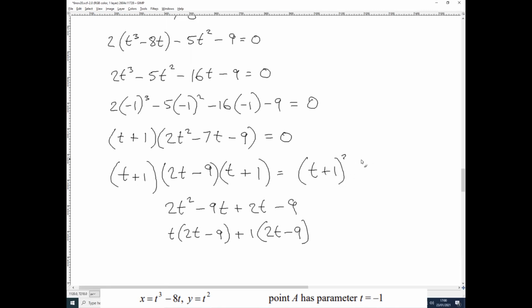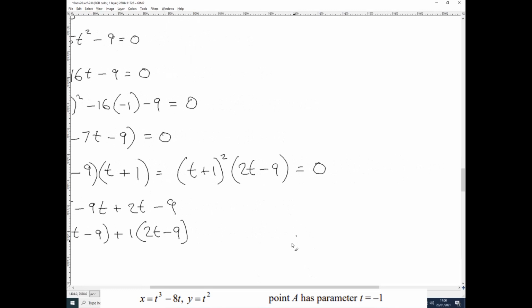So the answer we want is going to be the other part of it, where 2t minus 9 equals 0. So this here implies either t plus 1 equals 0, or else 2t minus 9 equals 0.